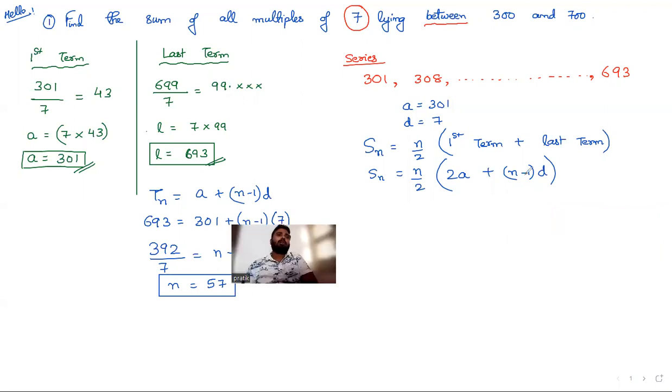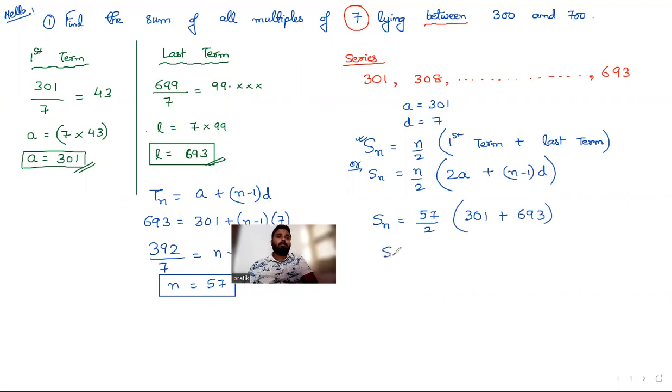Now you might be thinking, sir, why did I have to find this? I could have used this. Sir, even though you use the first formula, you still need to find the value of n. You can use either formula, but I'm using the first formula, S of n, which is nothing but n by 2, that is 57 by 2, first term is 301 plus last term 693.